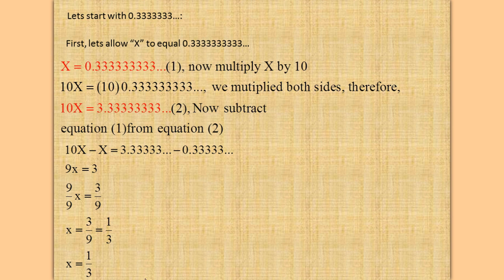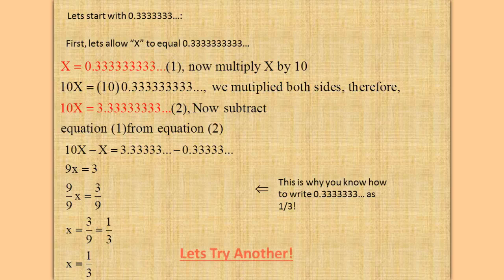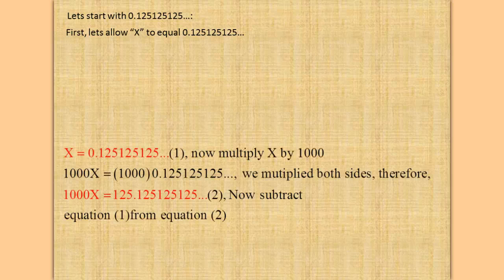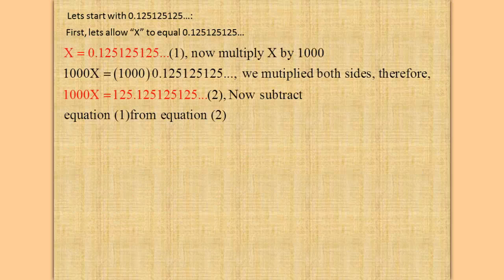Okay, let's continue on. Let's start with 0.125, 125, 125. First, let's allow x to equal 0.125, 125. We'll call that equation 1. Now we'll multiply both sides by 1,000.